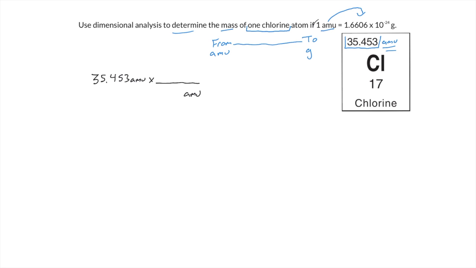We know that the 1 is associated with our AMUs. That must go on the bottom. And the 1.6606 times 10 to the negative 24 grams goes on top. That will successfully get us from AMUs to grams.